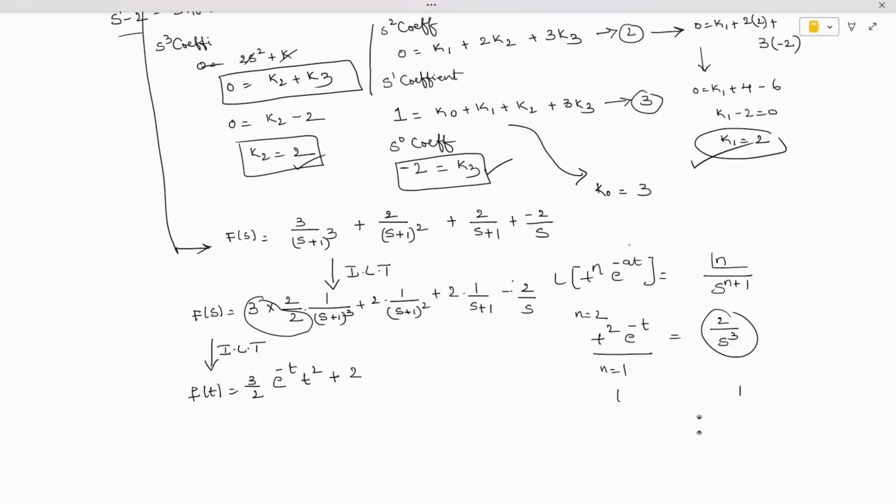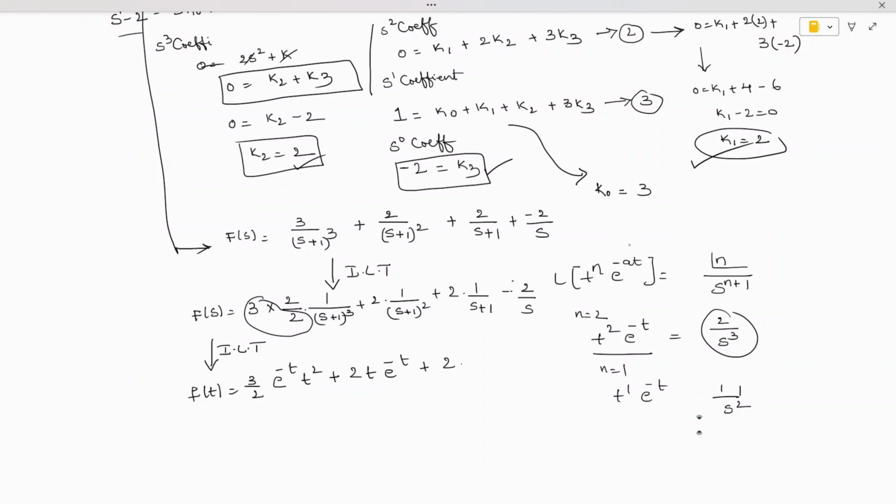So t to the power 1 e to the power minus t, which is nothing but 1 divided by s square. Okay. Therefore, you can write down this as 2t e to the power minus t.